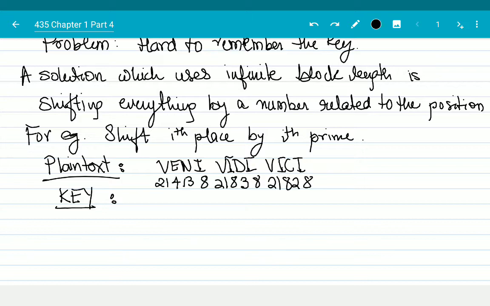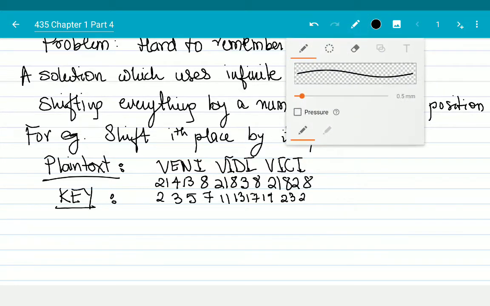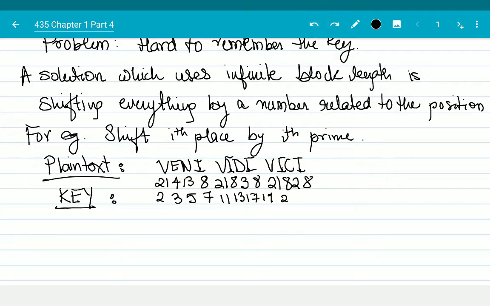So the first one gets shifted by 2, 3, 5, 7, 11, 13, 17, 19, 23. Okay, this is starting to get a little messy. Let me just write it down slightly more clearly.